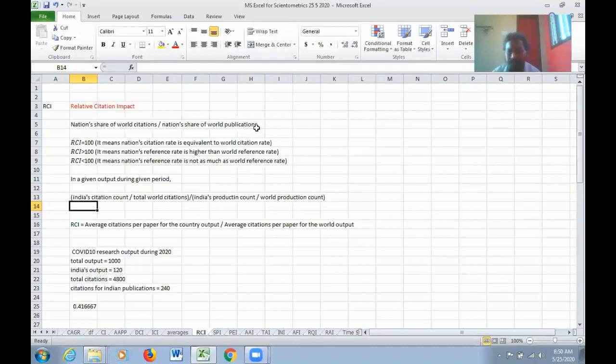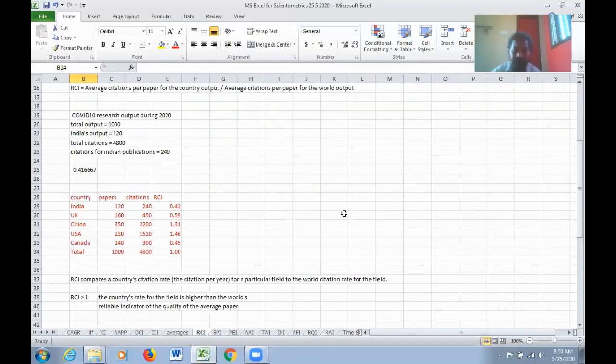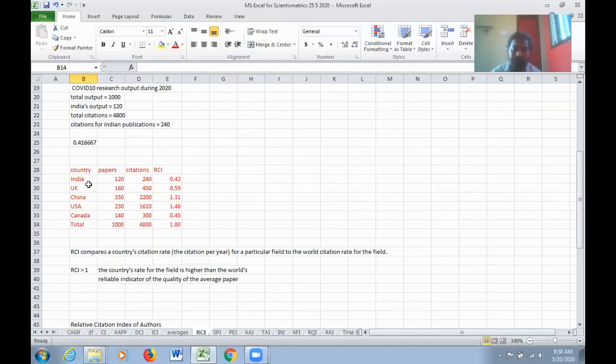It's very simple. Okay. For example, let us take an example here. You take India. India has got 120 papers, and India got 240 citations. If you take the entire world, we have 1,000 papers, and the world has got 4,800 citations. Right? How to calculate RCI? Very simple. D29. What is D29? D29 is the citations received by India. 240 divided by 4,800.